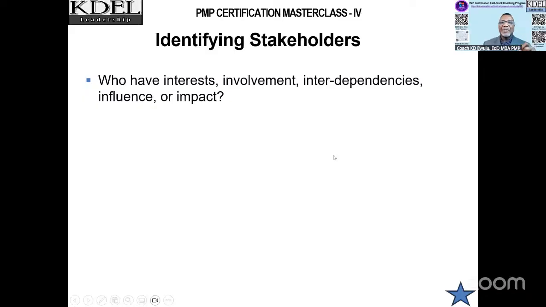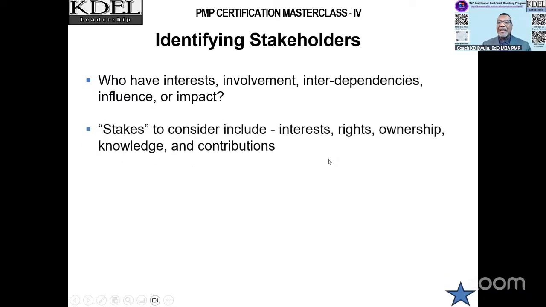How do we go about understanding who they are? You identify them by knowing who have interests, involvement, interdependencies, influence, or impact. Those who have stakes to consider, which include interests, rights, ownership, knowledge, and contributions.